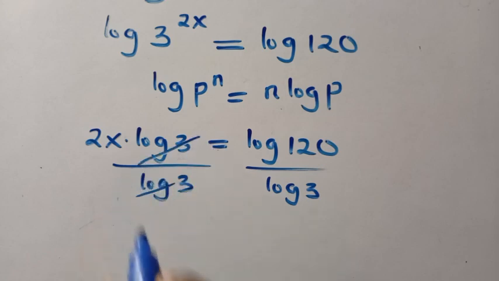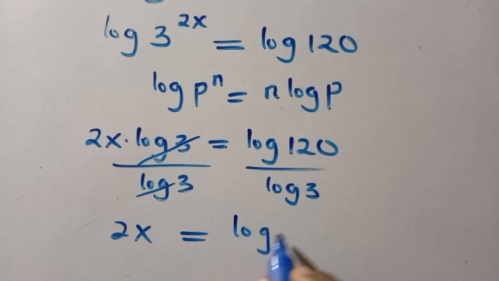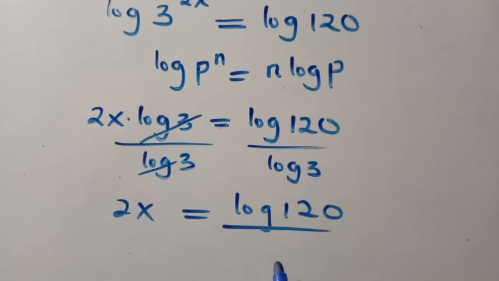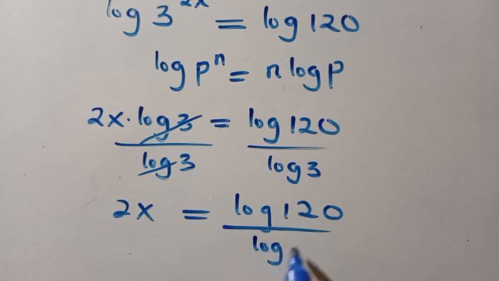So when log 3 cancelled log 3, we have 2x equals log 120 divided by log 3.